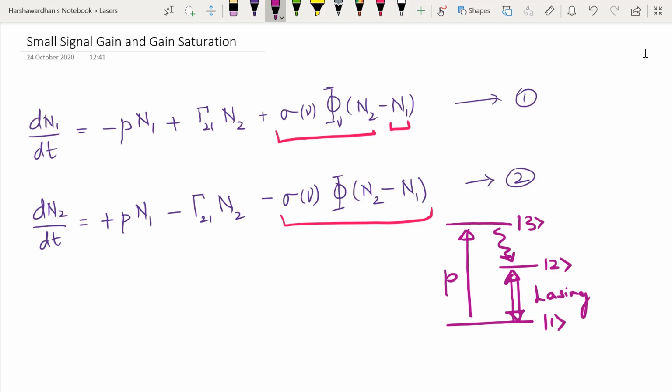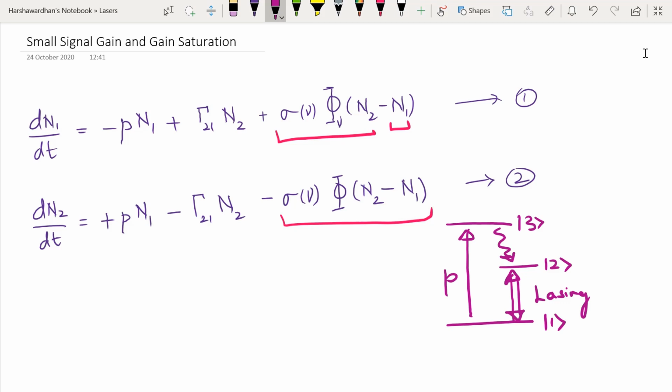These two equations were obtained in the context of this three-level laser scheme. So let us now look at the steady state in presence of the field itself. That is, we are looking at the steady state of this three-level laser system beyond threshold.